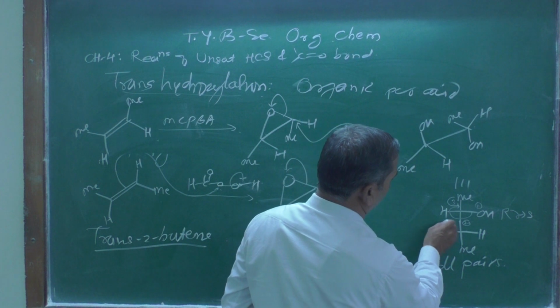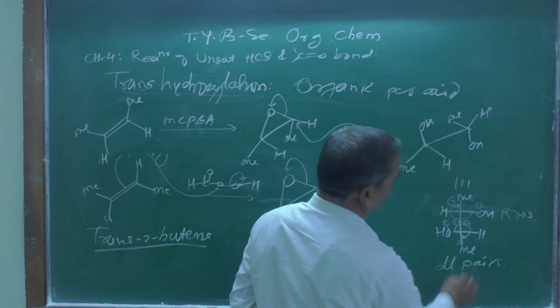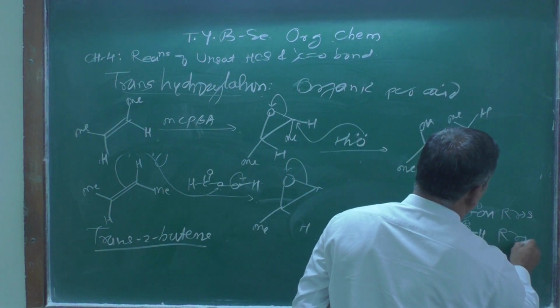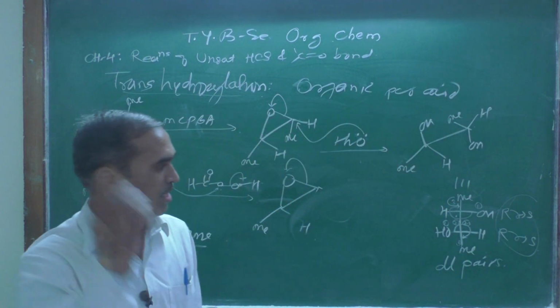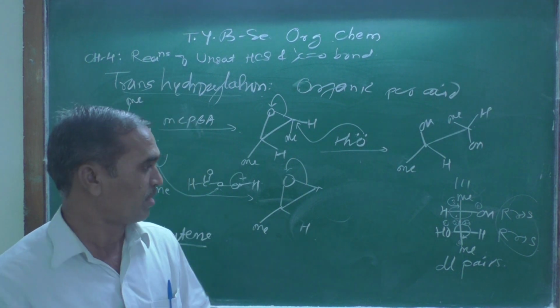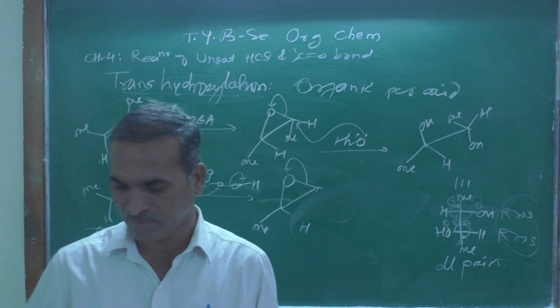If you look at this one, 1, then 2 and 3, that is also R clockwise. So R is converted into S. So both are 2S and 3S, means that type of the compound is a DL pair. Means if you start with this, you will get a DL pair product.